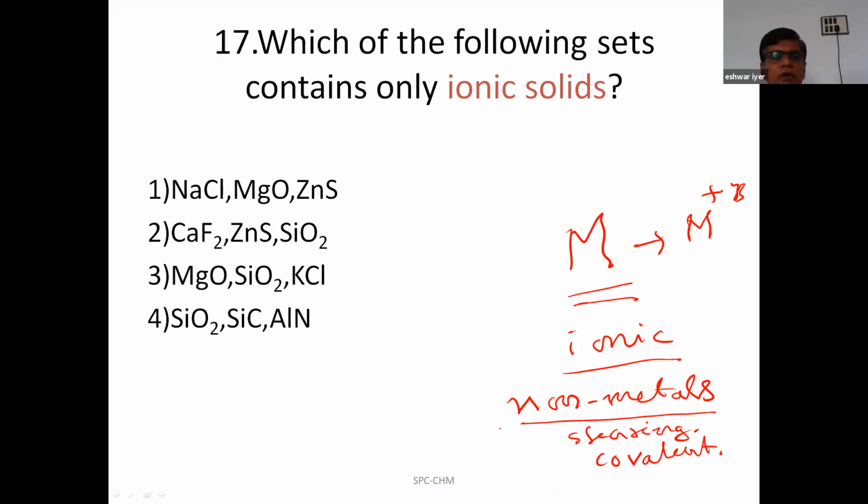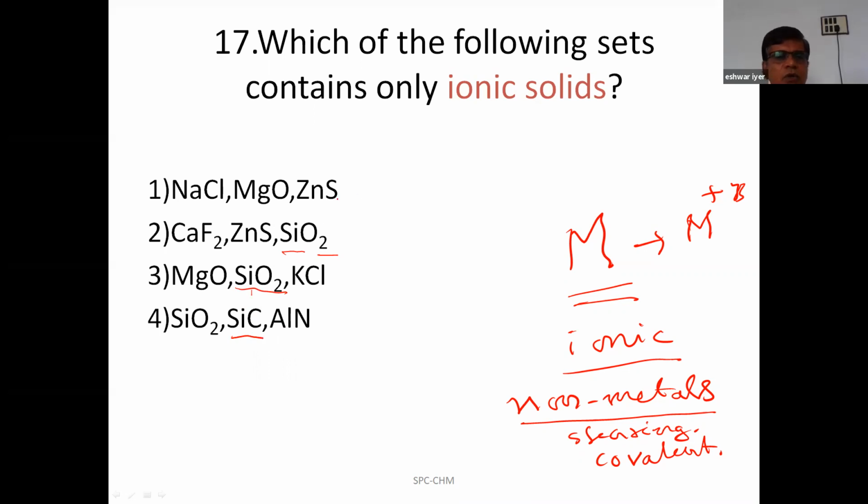So now you have to look for that group where all of them contain one of the metals in the compound. Here it is non-metal, non-metal, non-metal, non-metal, with no metal.